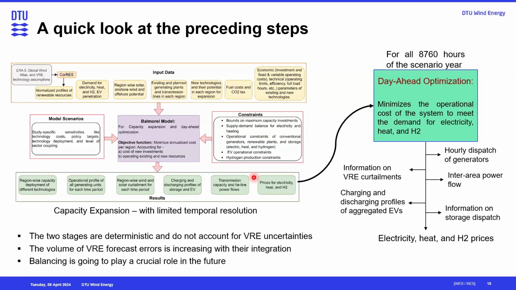And then it gives me the outputs: hourly dispatch of generators, and information on the VRE curtailments, that is, how much VRE is planned to be curtailed in the day ahead market, because you could not accommodate all the wind and all the solar as there is not enough load and you have much more renewables.